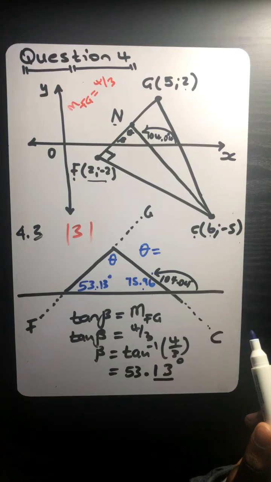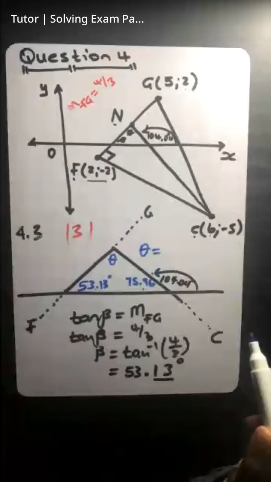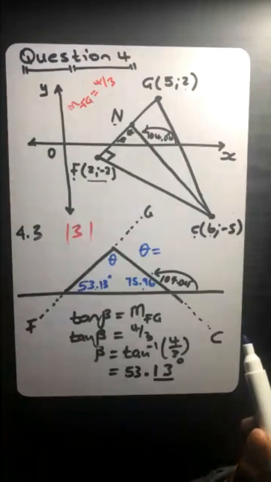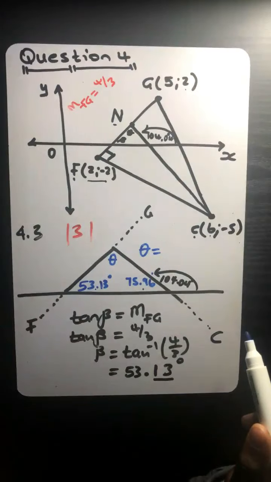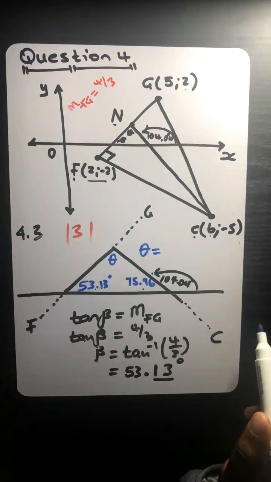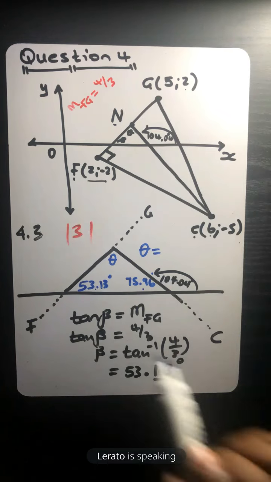It's 50,9. How do you get 50,9, Lerato? I said 180 minus 53,13 minus 75,96.